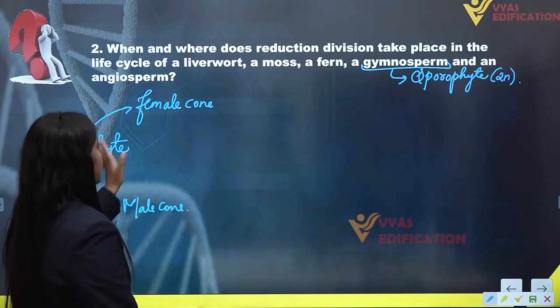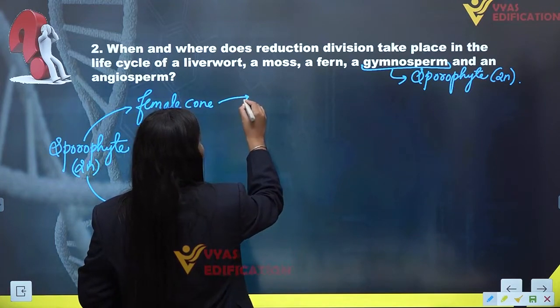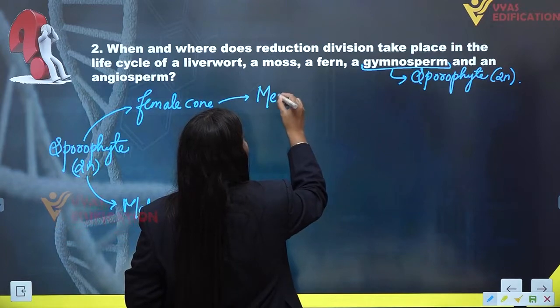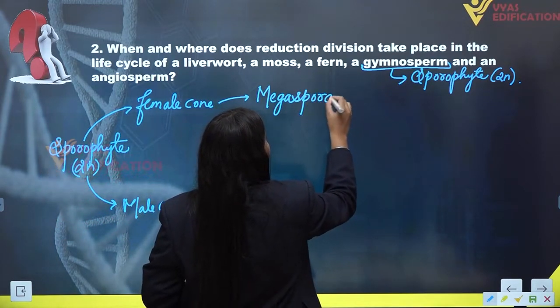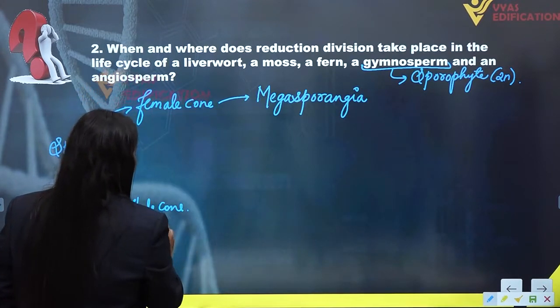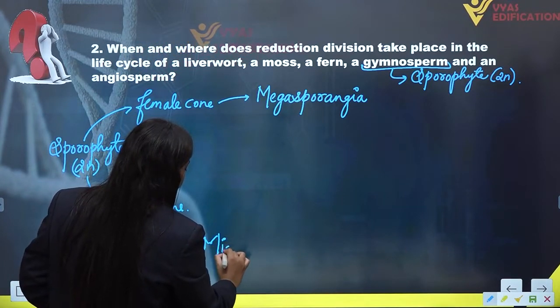Now what happens? Inside the female cone, they have megasporangia or macrosporangia. And in the male cone, they have microsporangia.